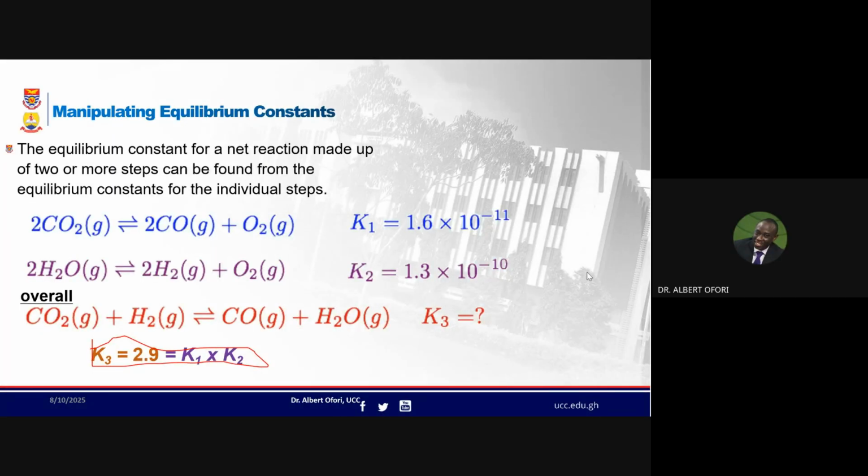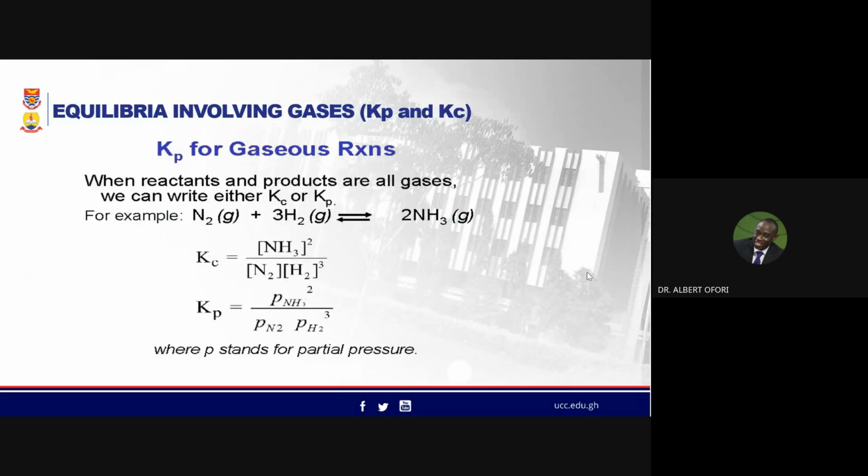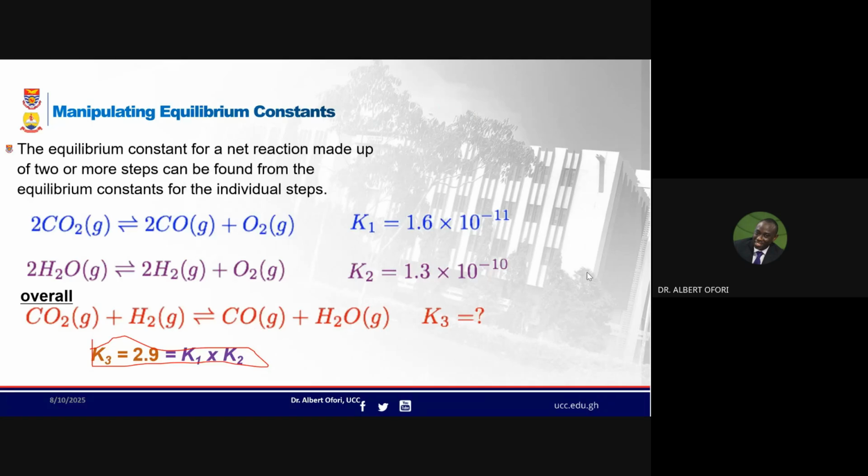Next week I'll be looking at the relationship between KC and KP. That is what you can read more on. But as a summary, we have established that when we write the equilibrium, the first thing is to know how to write the equilibrium constant expression.